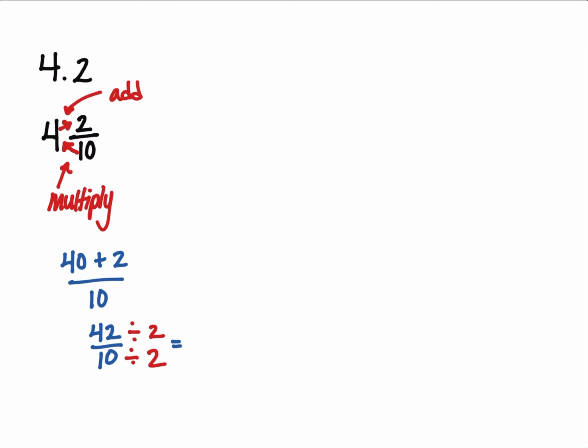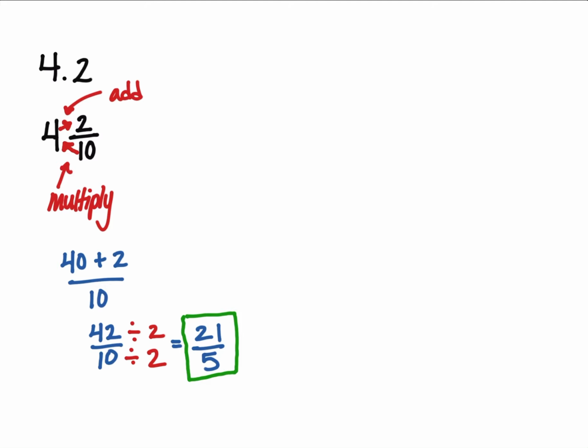And so we end up getting, what's 42 divided by 2? That's 21. And then 10 divided by 2 is 5. And that would be our answer to converting a decimal into a fraction.